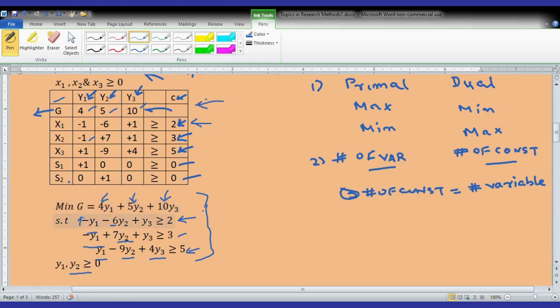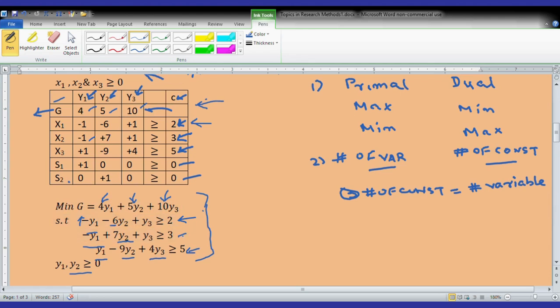So the objective function of the dual is to minimize g, and see that 4, 5 and 10 were the right hand side of the constraints of the primal, and they have become the coefficients of the objective function of the dual.